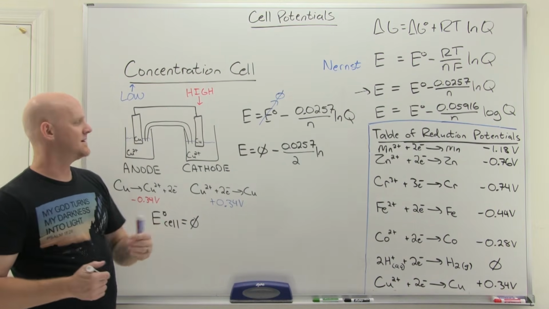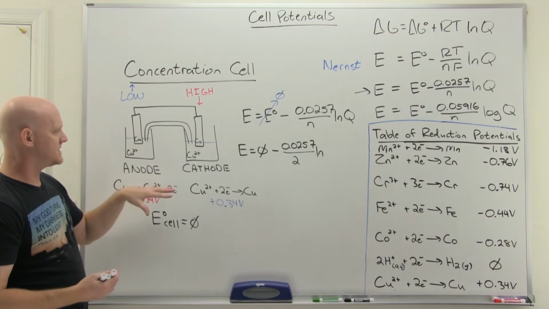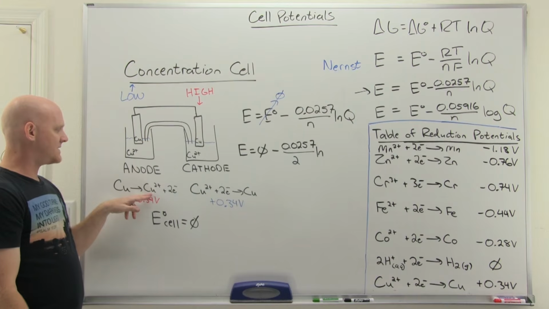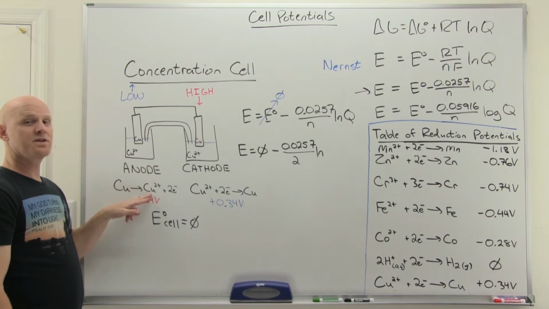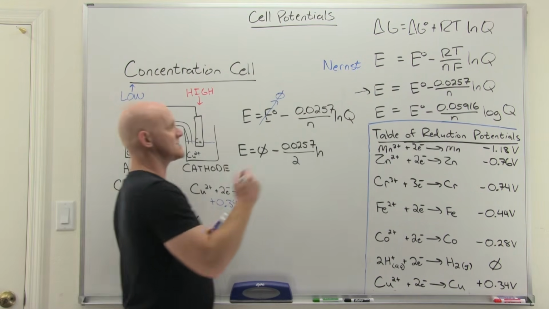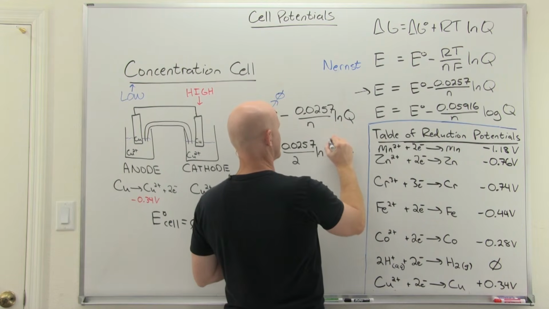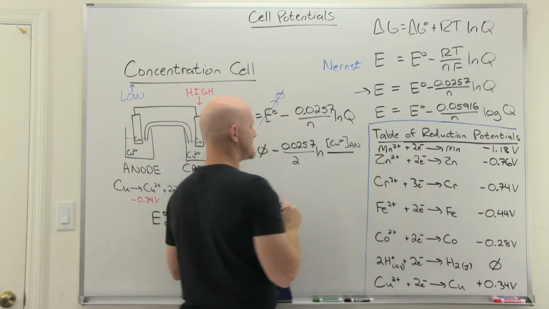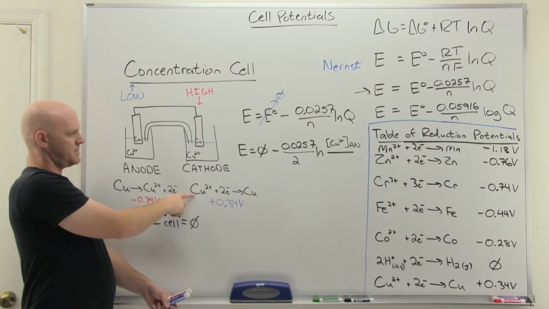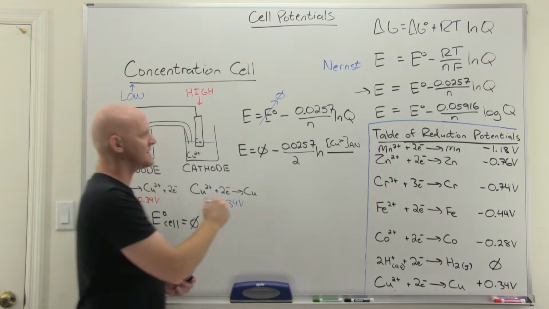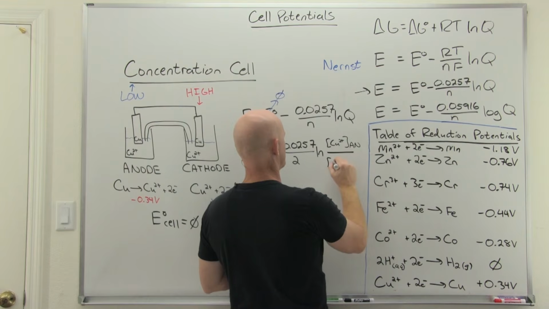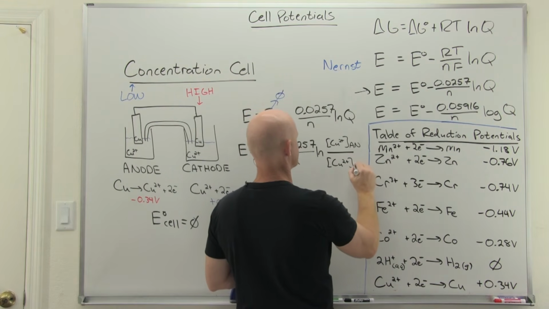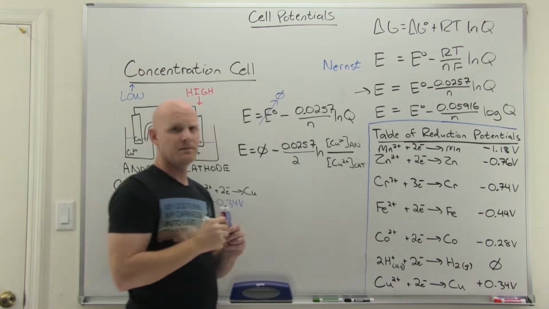Some people say that. But if you look at what's really going on here, in terms of copper 2+, on the anode side, copper 2+ is a product, so that goes on top. So here we'd have copper 2+ from the anode on top. But on the cathode, copper 2+ is the reactant, and so on the bottom we'd put the copper 2+ concentration from the cathode.